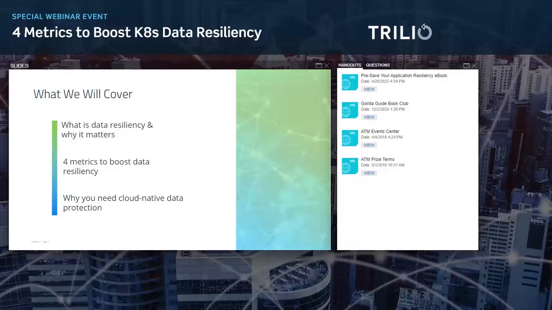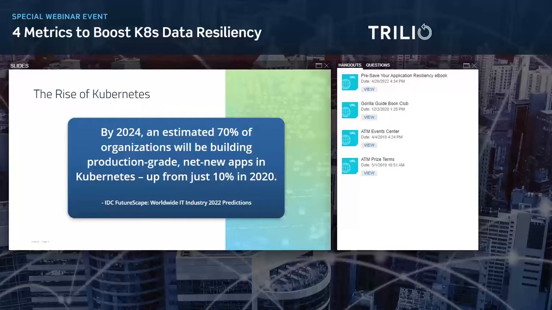And then lastly, we'll talk about why you need cloud native protection to assist with these 4 metrics and to assist with your data resiliency. So really showing there how on the modern Kubernetes environments, cloud native data protection can really make a huge difference, especially relating to these 4 metrics.